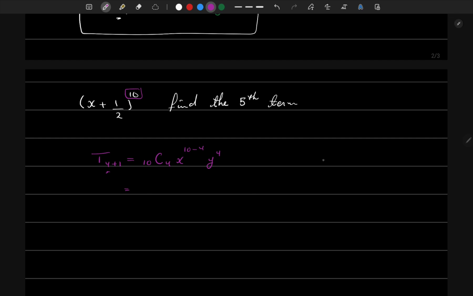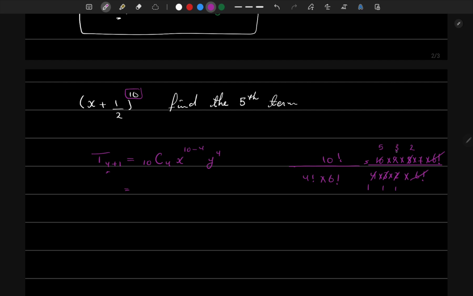And so, now 10C4 is 10 factorial divided by 4 factorial multiplied by (10 minus 4) factorial. 10 minus 4 equals 6, so 6 factorial, which equals 10 × 9 × 8 × 7 × 6 factorial divided by 4 × 3 × 2 multiplied by 6 factorial. 6 factorial over 6 factorial cancels. 2 into 10 is 5, 4 into 8 is 2, 3 into 9 is 3.